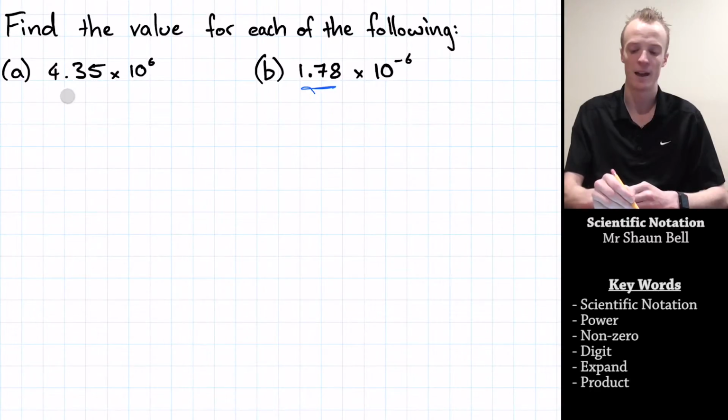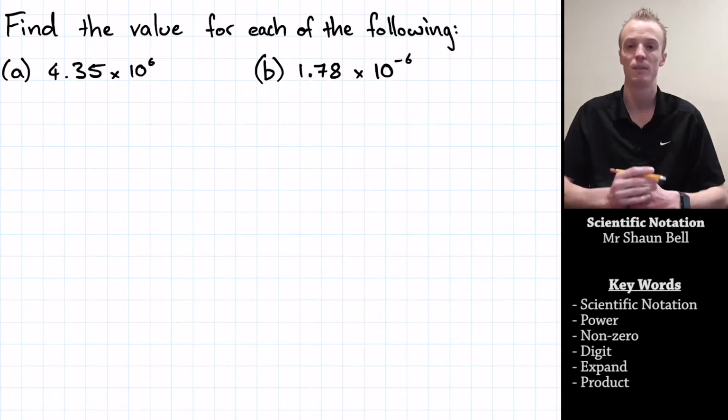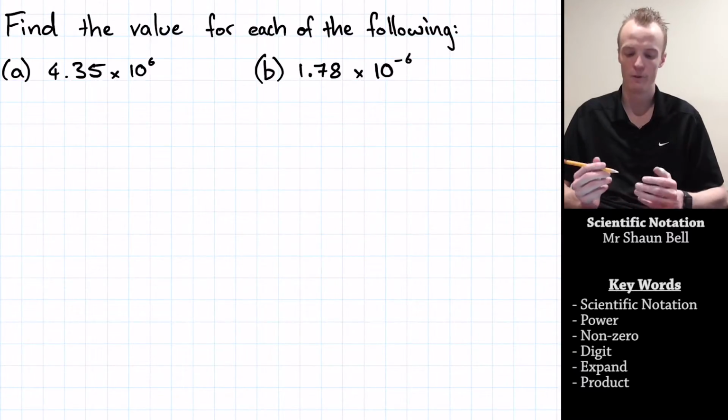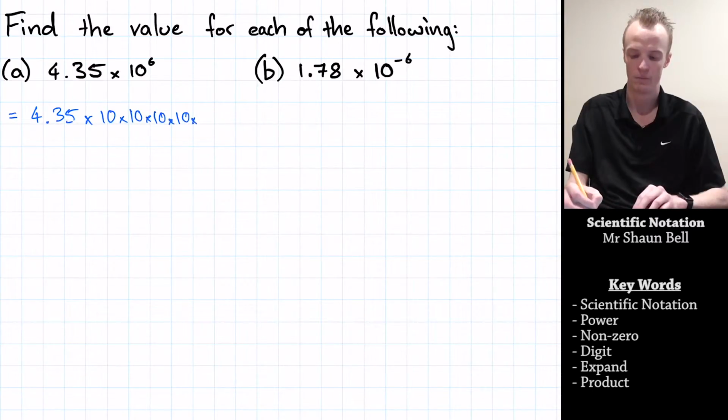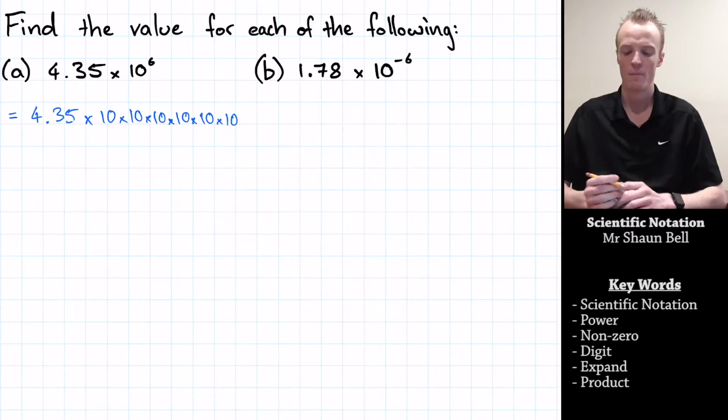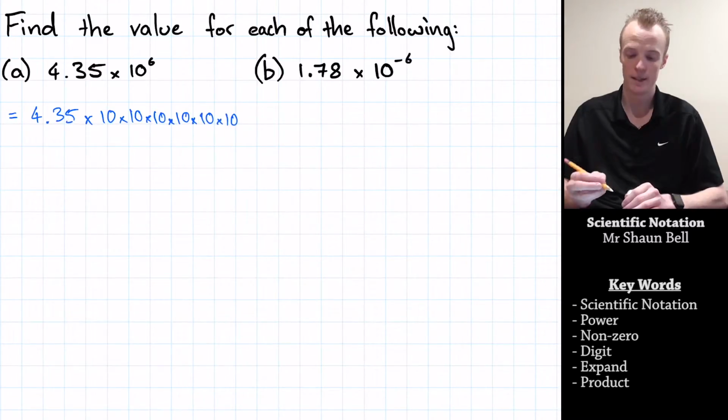But let's take a look at expanding each one of these numbers to see what they represent. In our first number we've got 4.35 multiplied by 10 to the power of 6. If we were to expand this out, what this is actually saying is it's 4.35 times 10, 6 times. But we know every time we multiply by 10, we essentially move the decimal place one spot to the right.